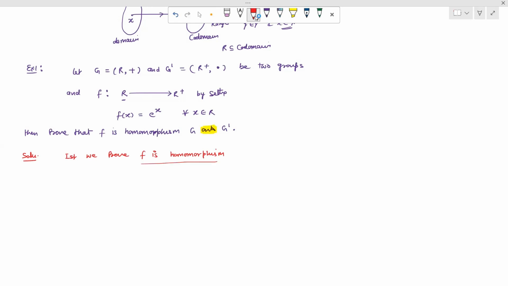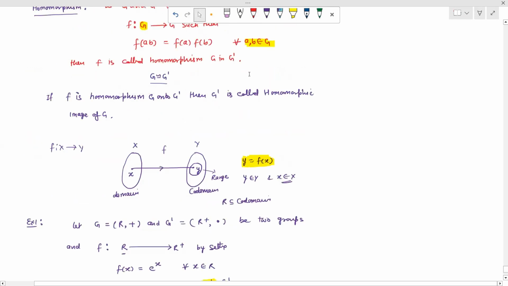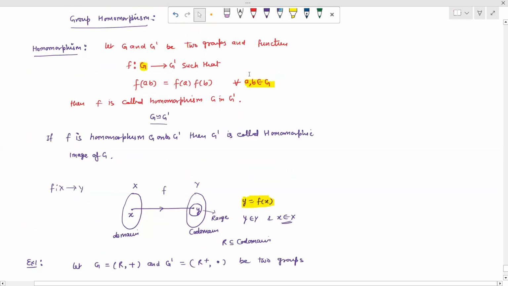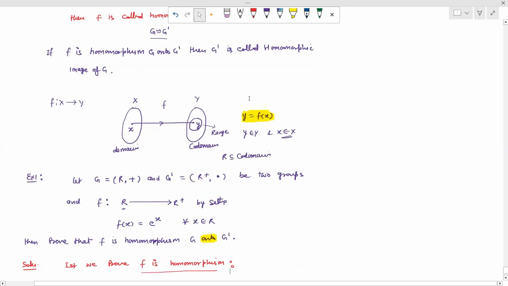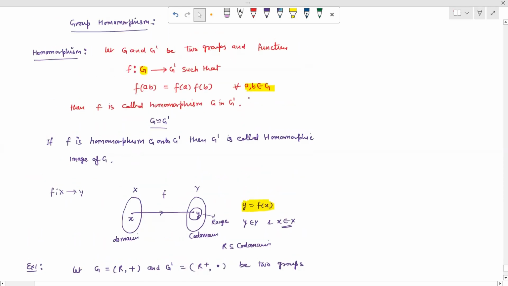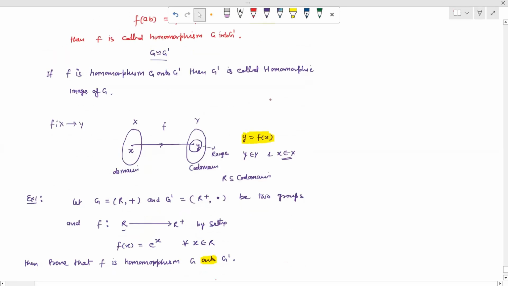We know the definition: the function is defined from G to G dash such that f of AB is equal to f of A into f of B. If this is satisfied, then f is a homomorphism G into G dash.